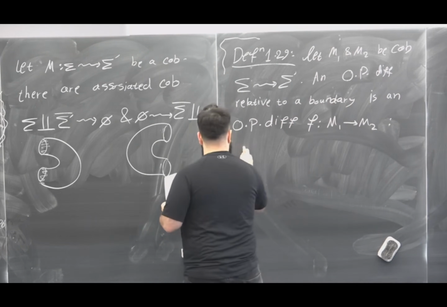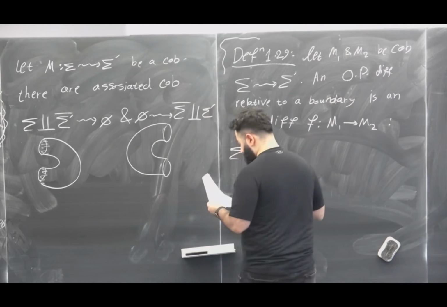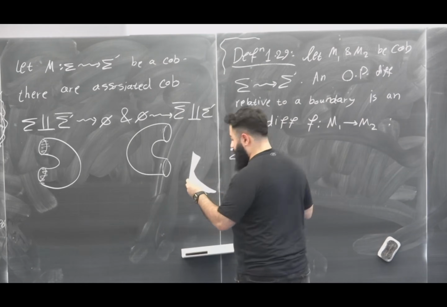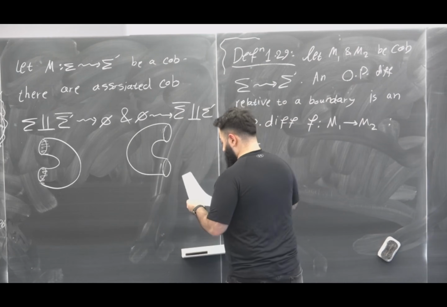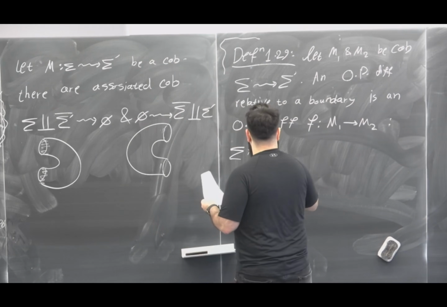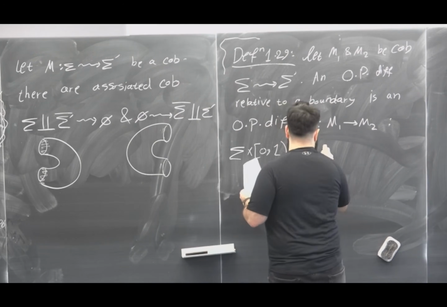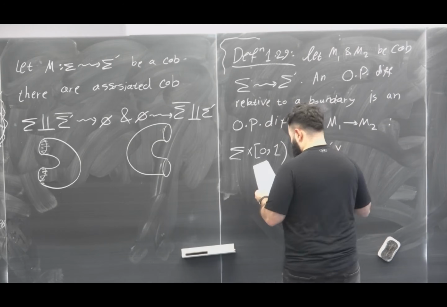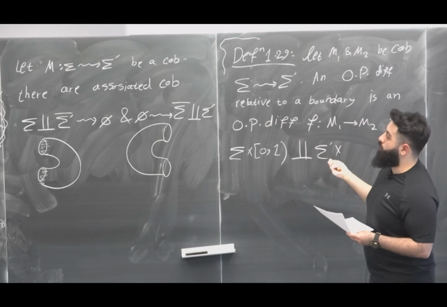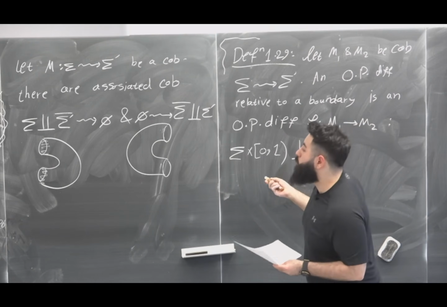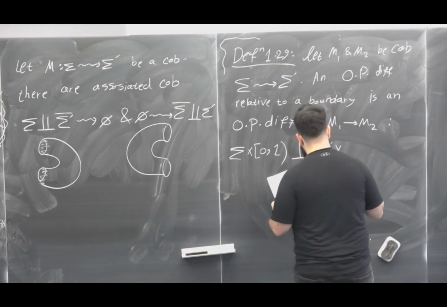So I have my collar neighborhoods again, and it's called a collar because it's like a dog collar. The half open interval [0, 1) disjoint union with sigma prime.